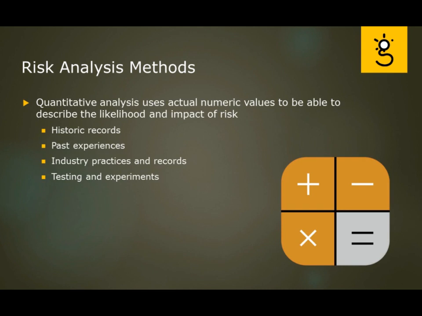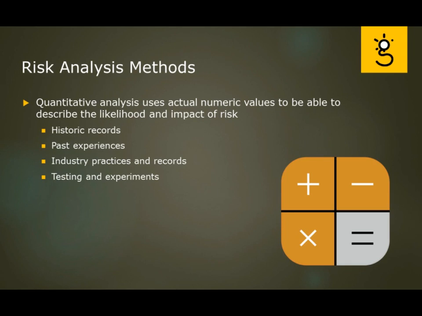A quantitative analysis is actually using numeric values that can help describe the likelihood and the impact of risk. Now, those numeric values can come from things like historic records, past experiences, industry practices and records, and testing and experiments that you've created. I like to tell people that we can put hardcore prices and values.